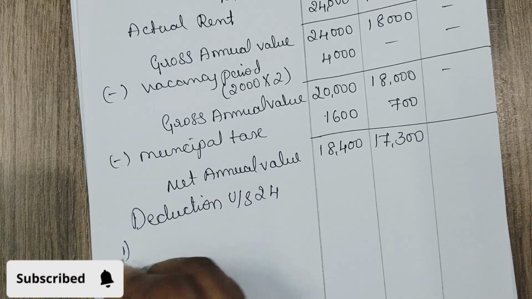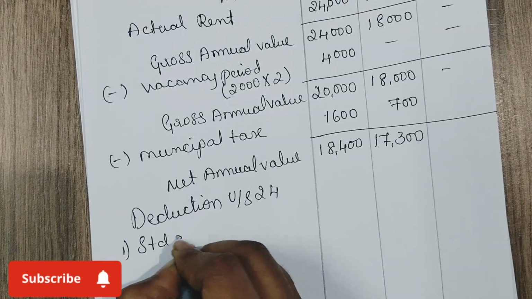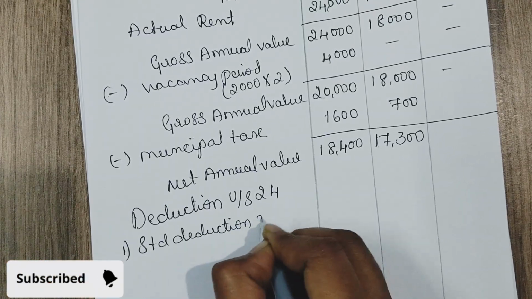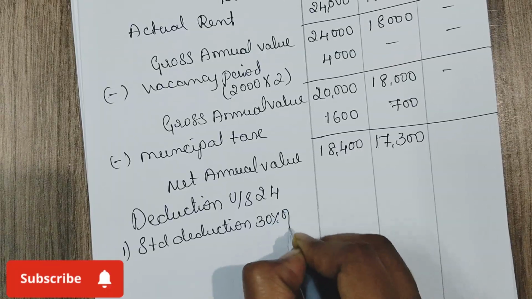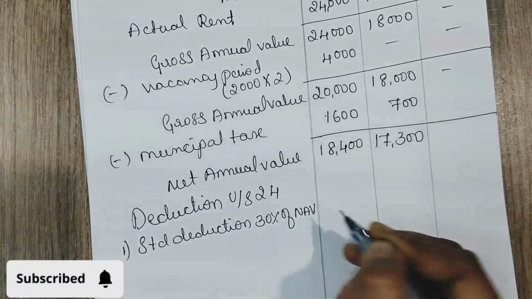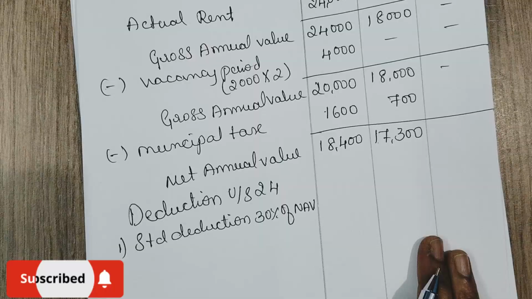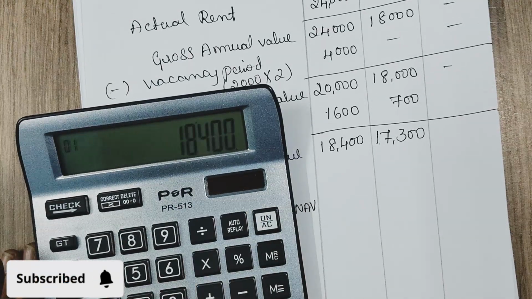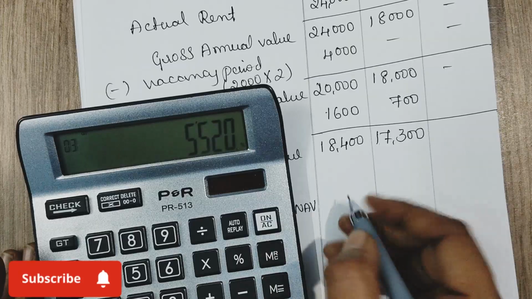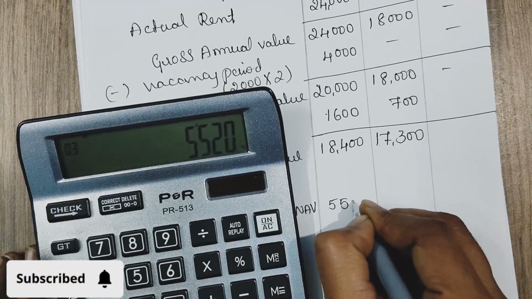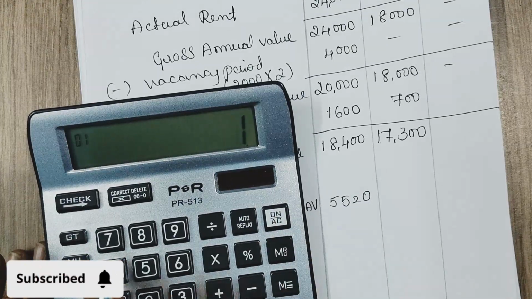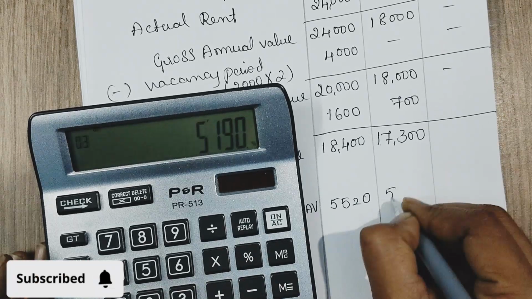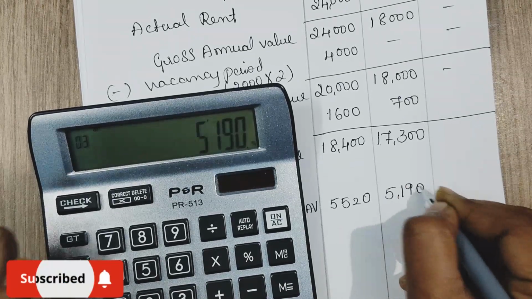Deductions under section 24. The first deduction is standard deduction, 30% of NAV. 30% of NAV is 18,400 into 30%, 5,520. 17,300 into 30%, 5,190.